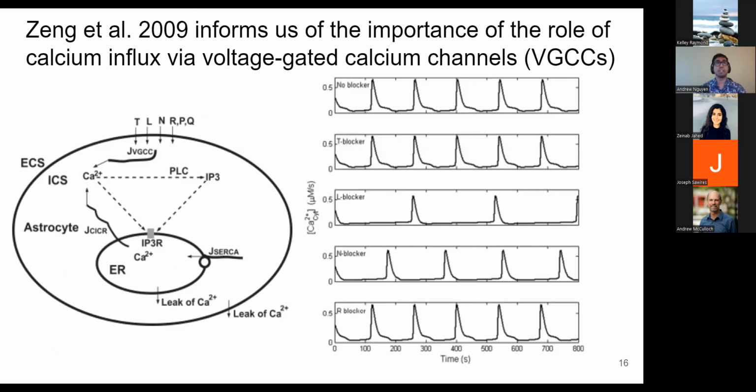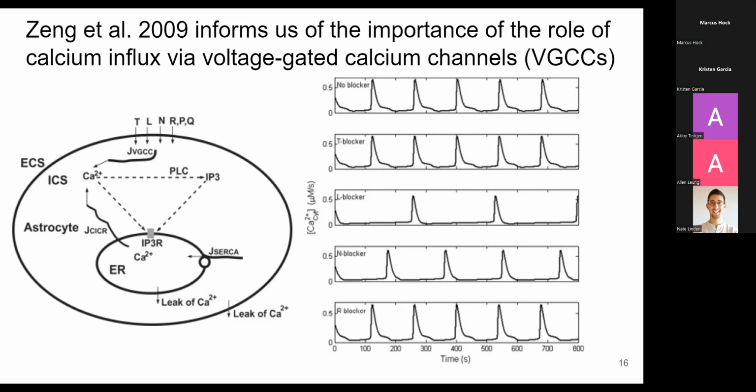And so, this work done by Zhang et al. in 2019 essentially built a model describing the spontaneous oscillations of calcium in astrocytes. So a little bit different for now, but not completely different. But what is of interest is that we built this model to observe how these spontaneous oscillations arise in the presence of different types of voltage-gated calcium channels. So it's on the right here.